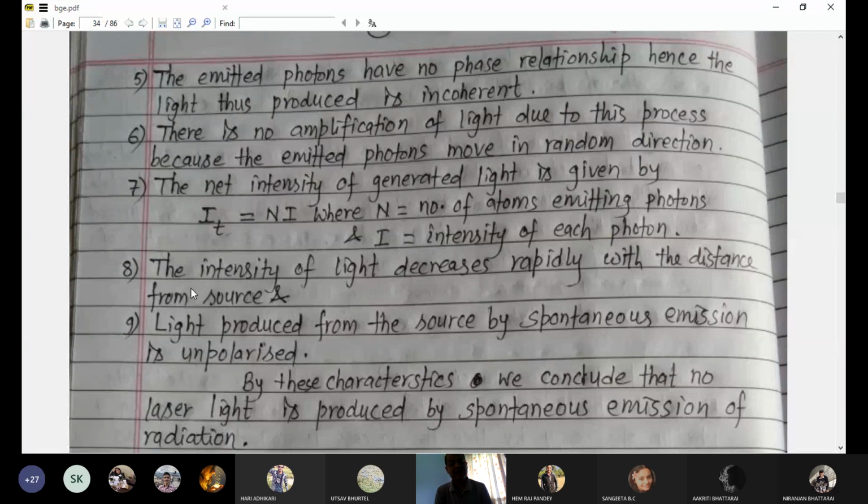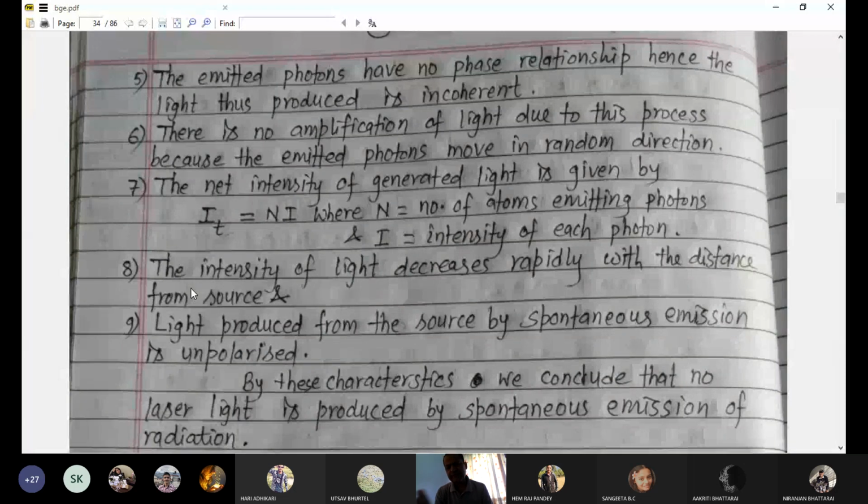These are some characteristics of ordinary light. By knowing these and comparing them to the characteristics of laser light, you know about the characteristics of laser light. That means for laser light, you should have unidirectional light, coherent light, less divergent light, highly intense light, and monochromatic light.